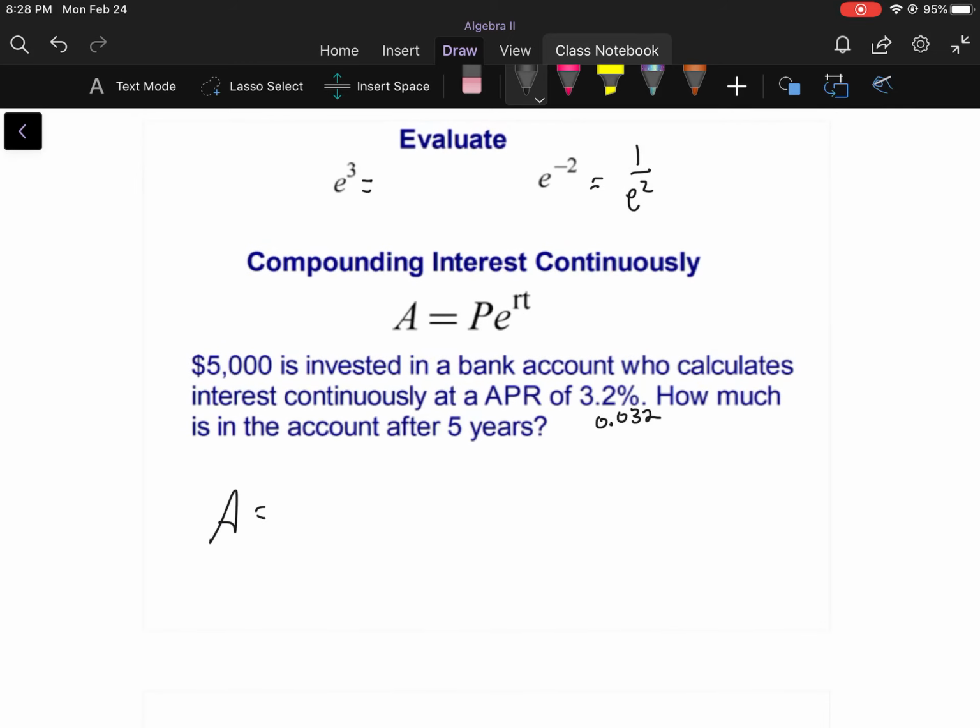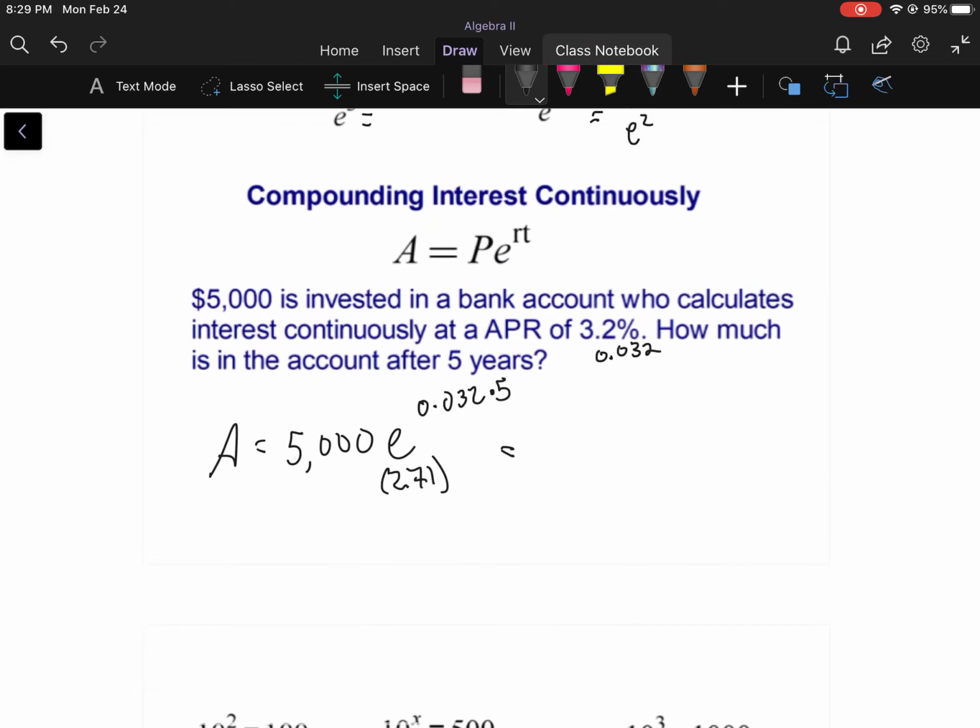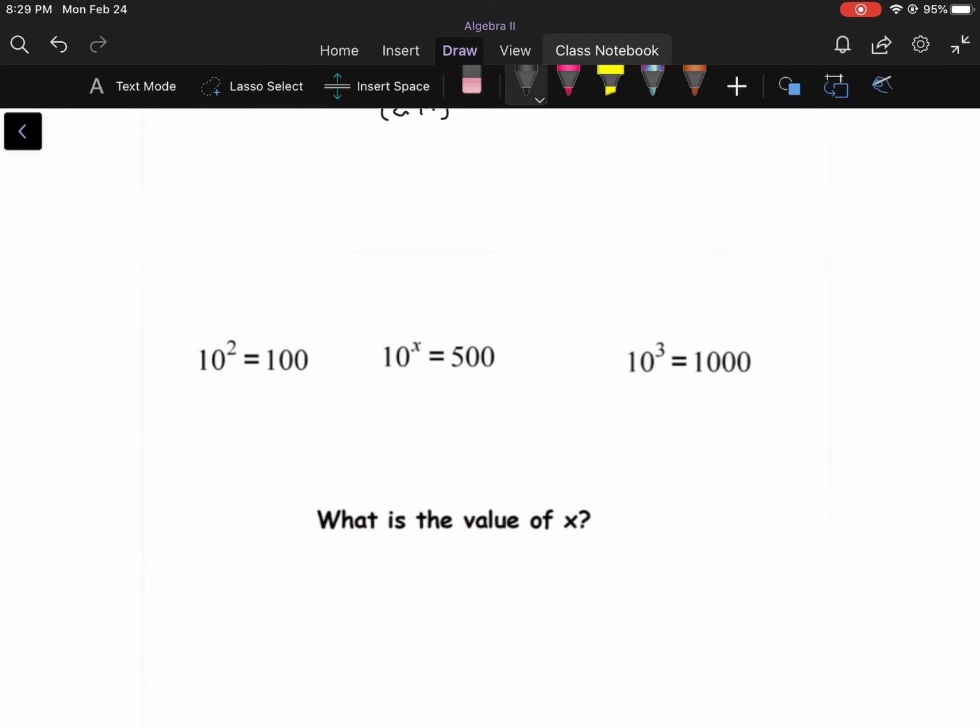So A equals my principal, $5,000, times e, which is a number, so that would be 2.71 that you plug in, raised to the rate of 0.032 times the time of 5. I don't have a calculator, but you can figure that out, and that's how you use the letter e. And it will show up here with the logarithms too.